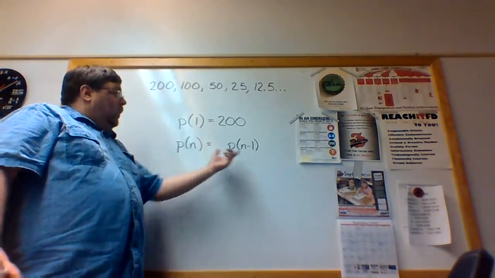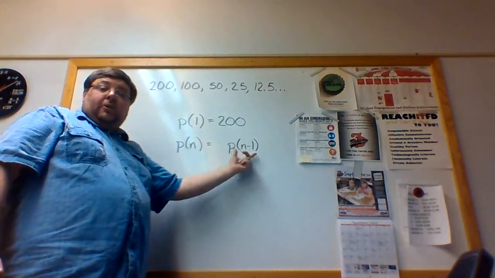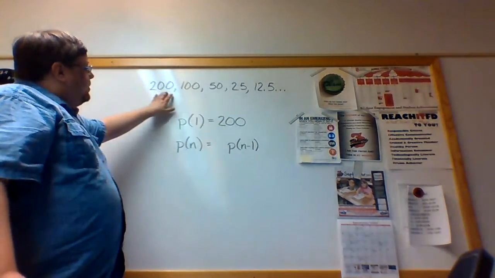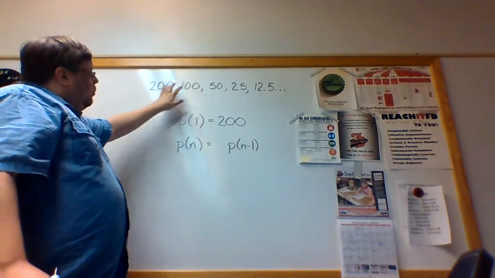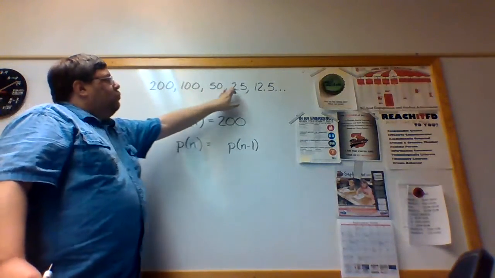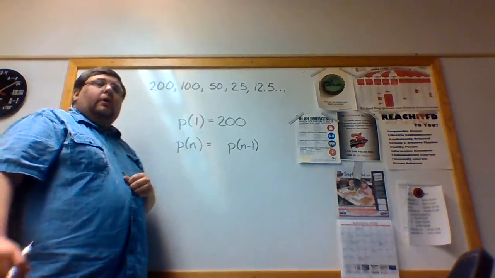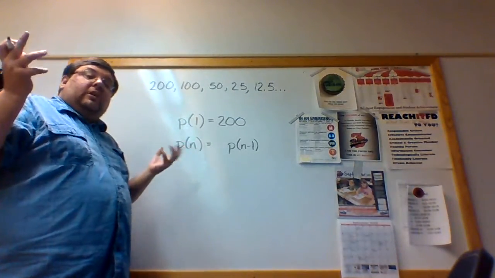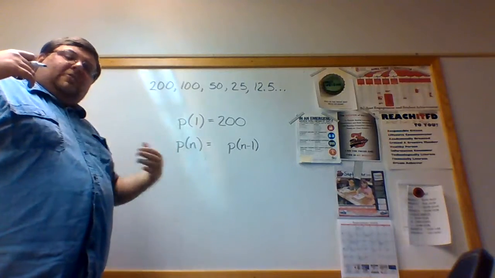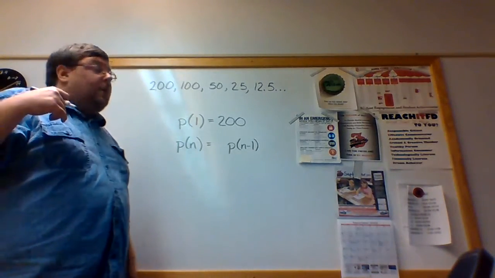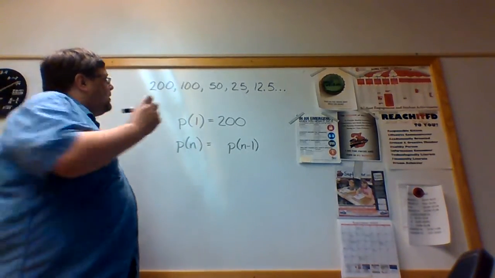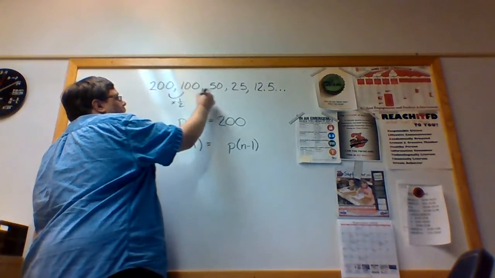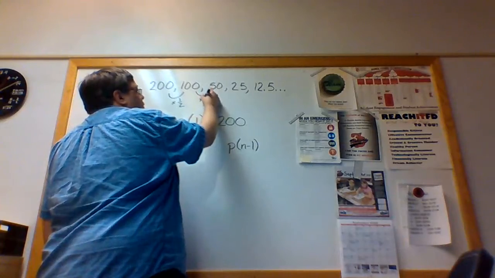Now I have to tell what to do to this previous term in order to finish up this function. So as I look at these steps, a lot of people would say I'm dividing by 2, which you could use, but since we've talked about how it's better to think of these as multiplication for some of the stuff we'll do down the line with them, we're going to go ahead and call this a times 1/2 pattern, or times 0.5 if you prefer that.